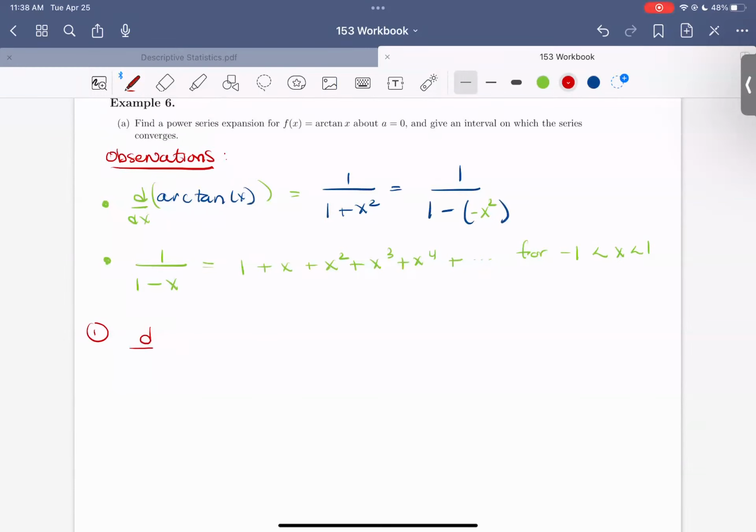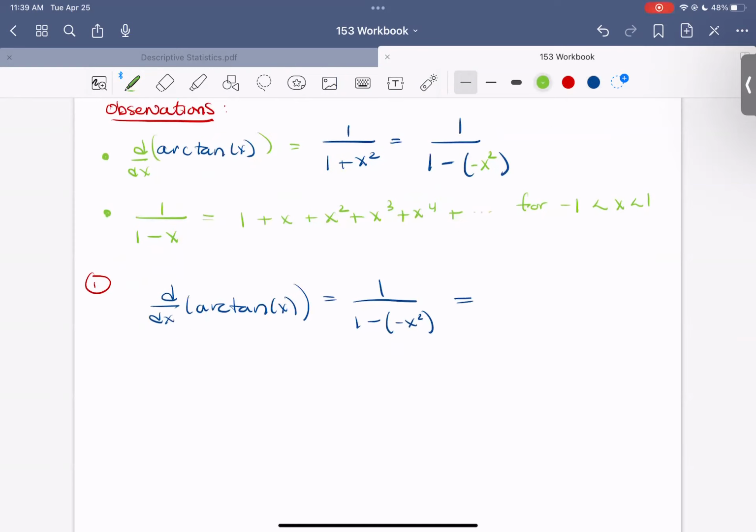So we see that the derivative of arctan of x is equal to 1 over 1 minus x squared. So now I can use this formula for the power series of 1 over 1 minus something to write a power series expansion for the derivative of arctan. So when we do that, what do we get? I'm going to start the next line here.